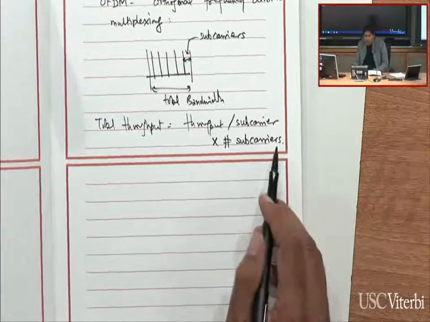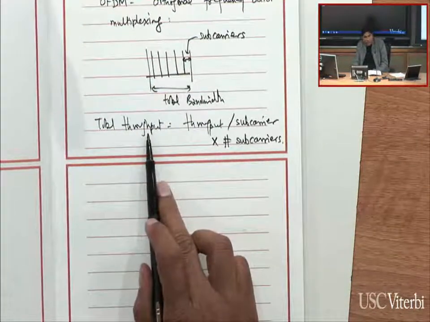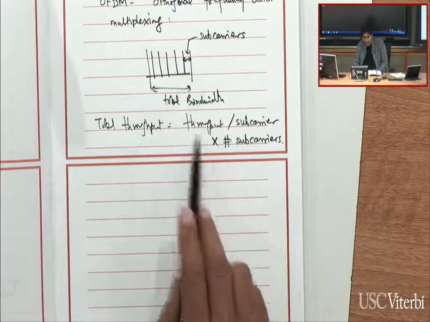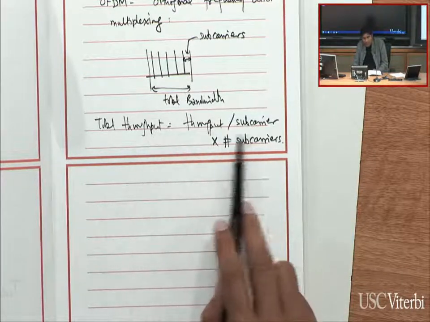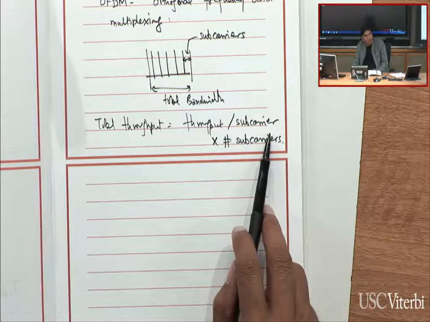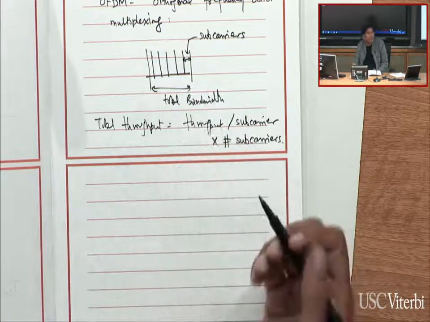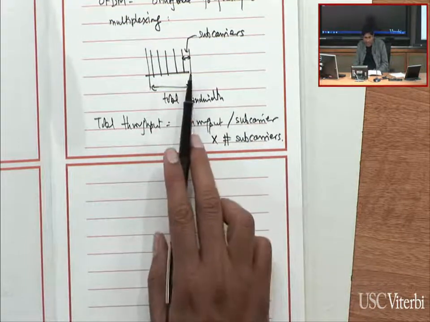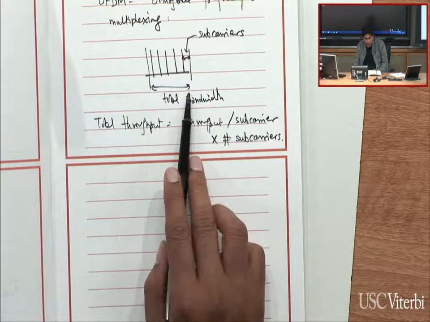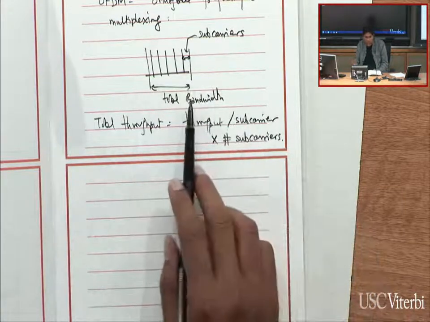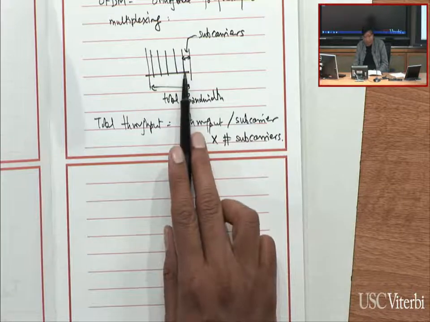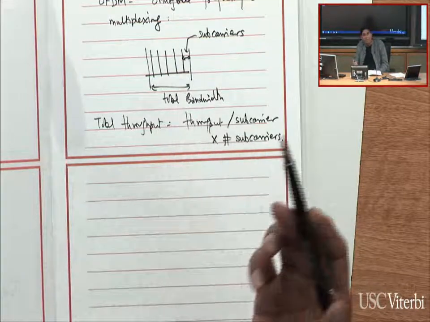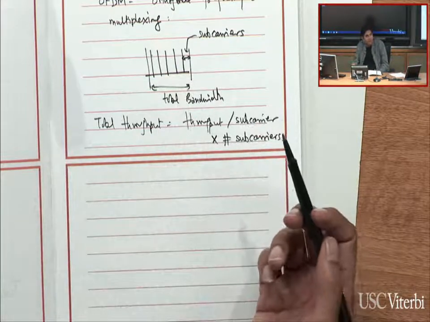But a different way of looking at that is that you wanted to send this throughput, but each of the subcarriers is only sending that total throughput divided by the number of subcarriers. So for example, if I have 32 subcarriers, and I'm trying to send a total of 100 megabits per second, each channel only needs to carry a little bit over 3 megabits per second.